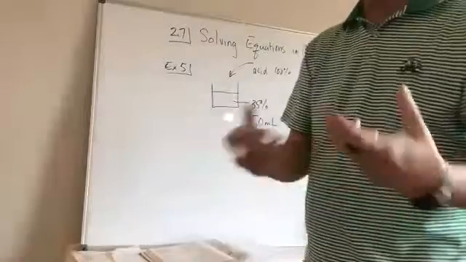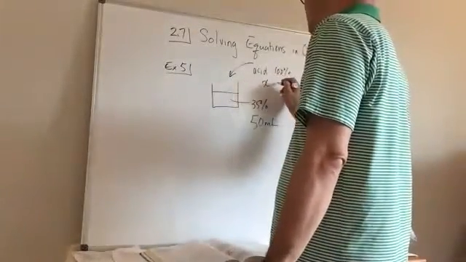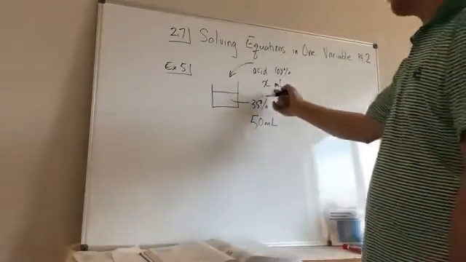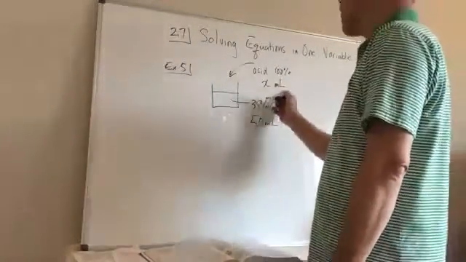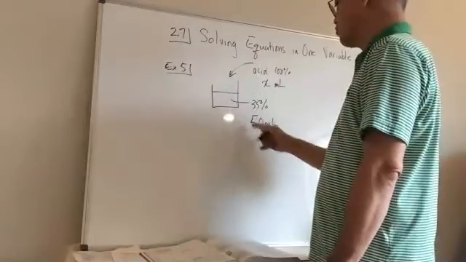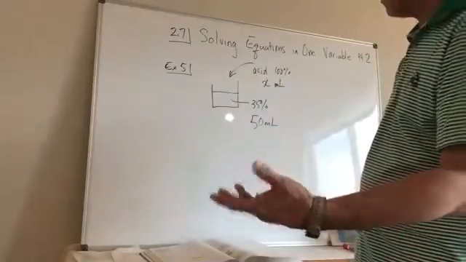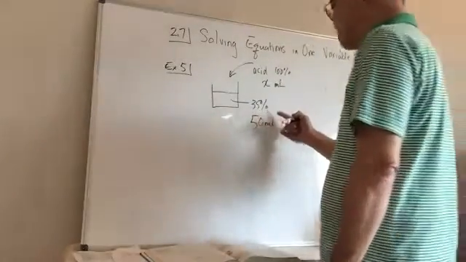As in most word problems, since I don't know how much we're adding, this is what they want us to find. So I'm going to add X milliliters of 100% acid to this. Currently we have 35% of 50 milliliters.